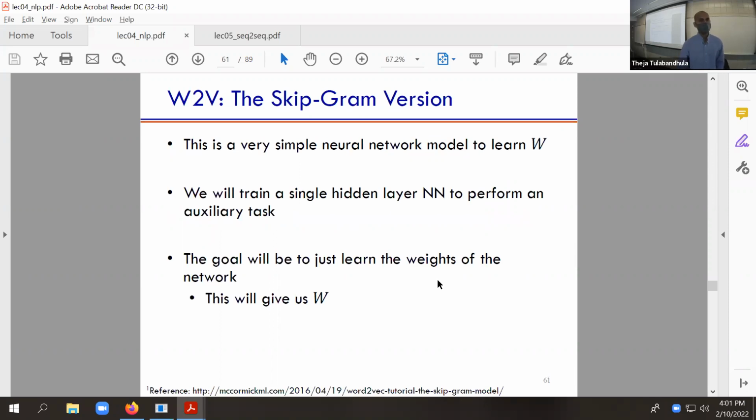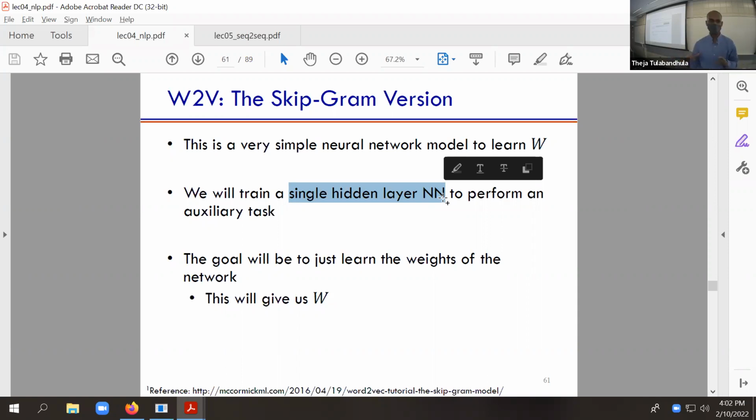So what is the prediction task and what is the architecture? There's going to be a prediction task and a model to do well on it. The model is a single hidden layer neural network. In that definition, we're going to interpret one part of it to be the W stuff, and the other part to be the classifier stuff. We want the W stuff.